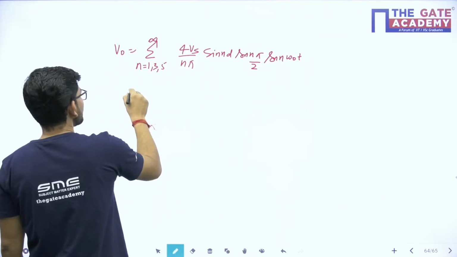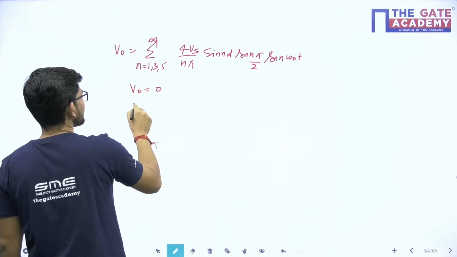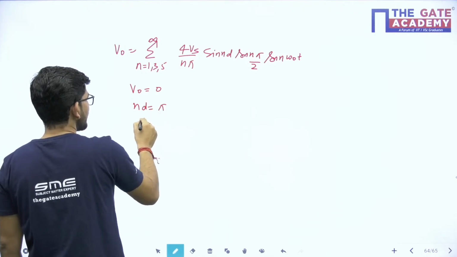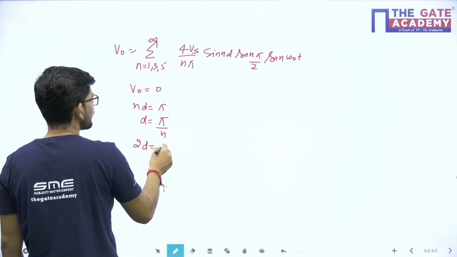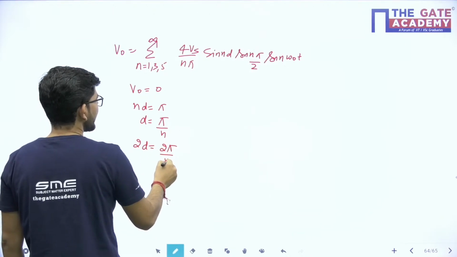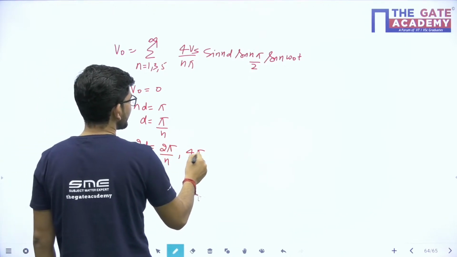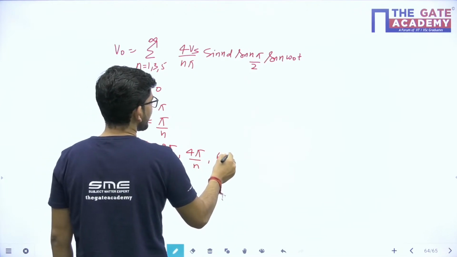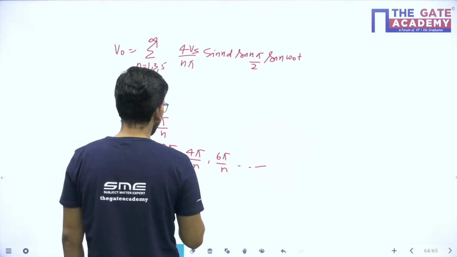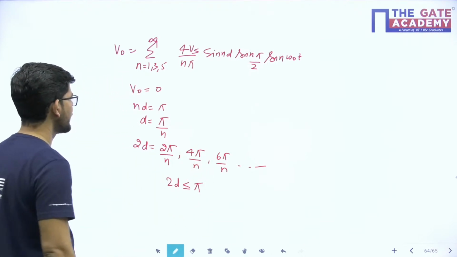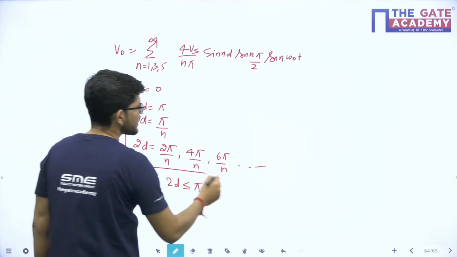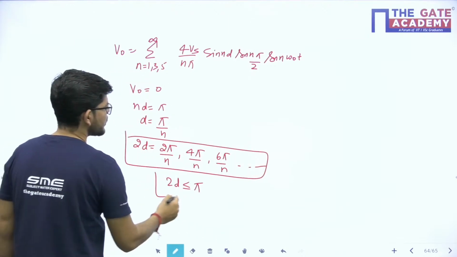Now you can see V naught will be 0 if nD equals pi, or D equals pi by n, or 2D equals 2 pi by n, or 4 pi by n, or 6 pi by n, until 2D is less than or equal to pi. Okay. So this is the pulse length referring to this condition.